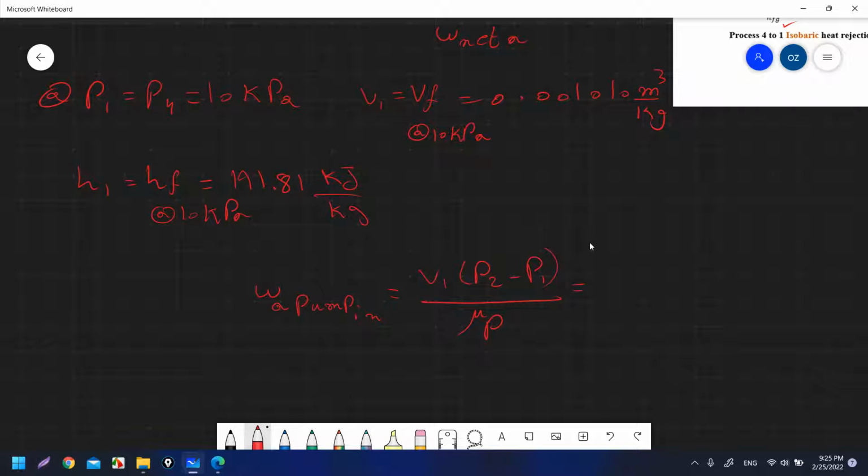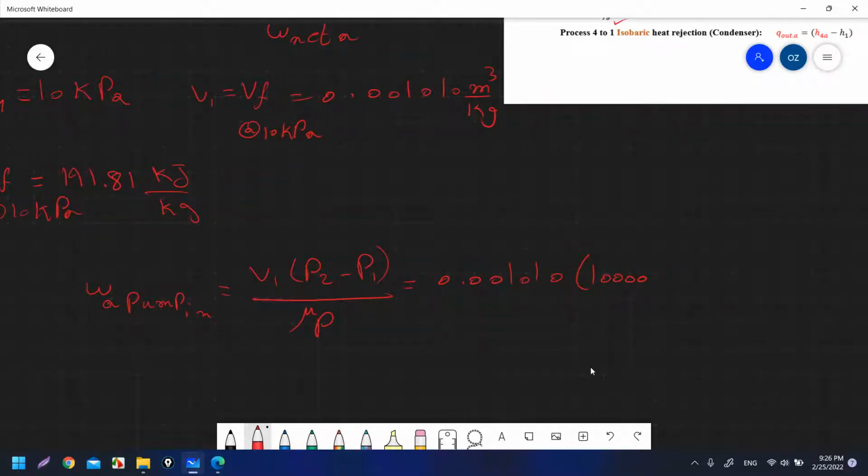So it is 0.001010 times (10,000 kilopascal minus 10) over the isentropic efficiency 0.85, and this will give you that the actual work pump in is equal to 11.87 kilojoule per kilogram.